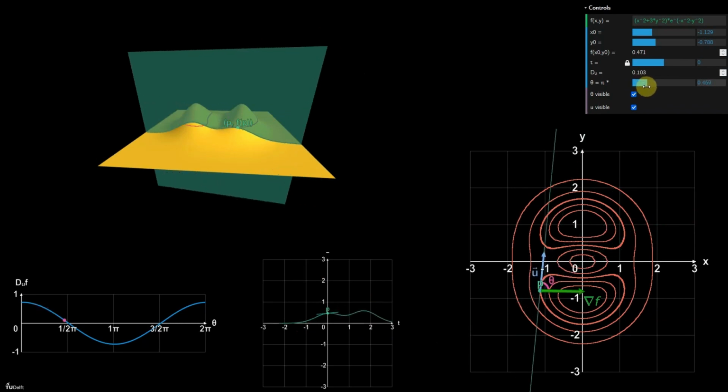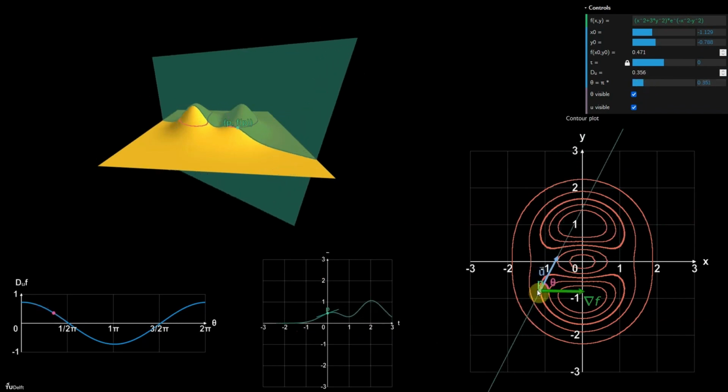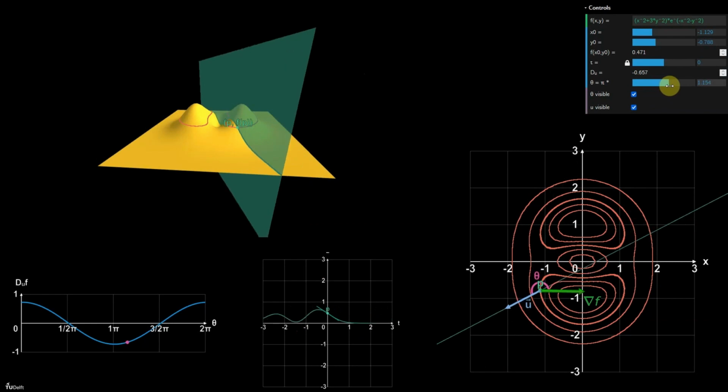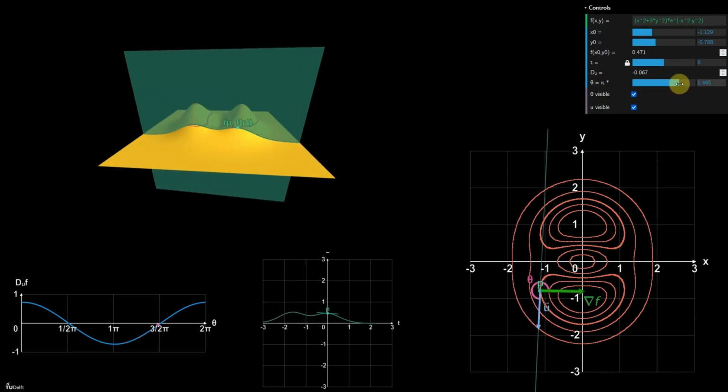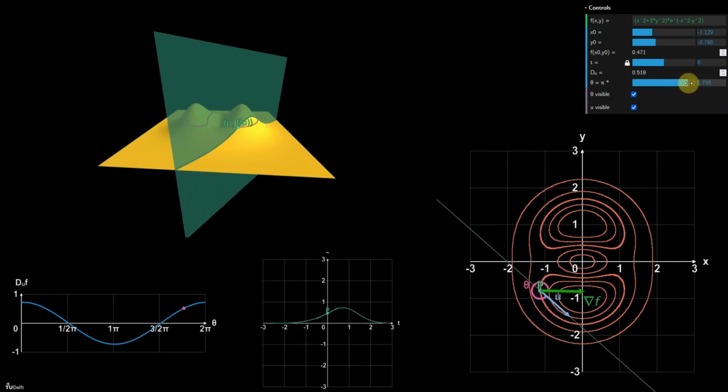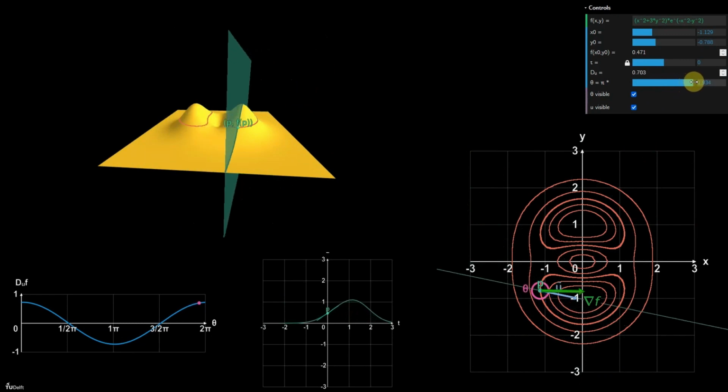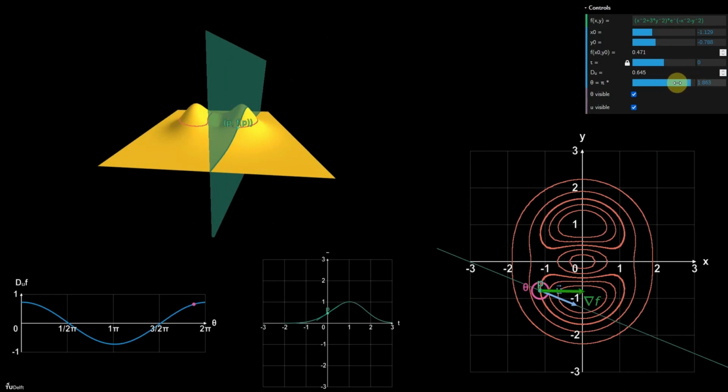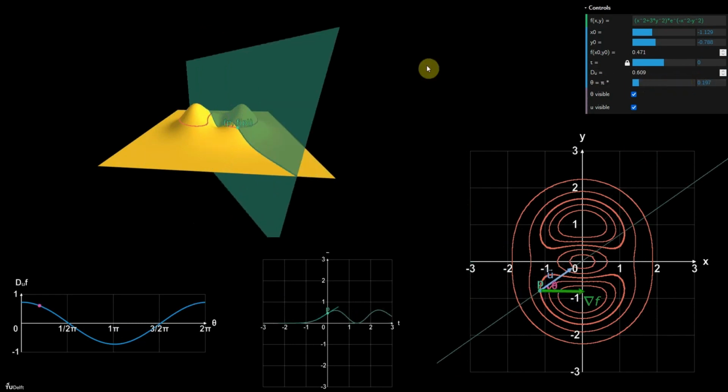Up here, I can vary the angle theta between the vector u and the gradient vector, which points parallel to the positive x-axis in this point P. Changing theta, of course, means changing u, as you can see, since the green plane rotates as I change theta. That also means that the directional derivative will change as I change theta.